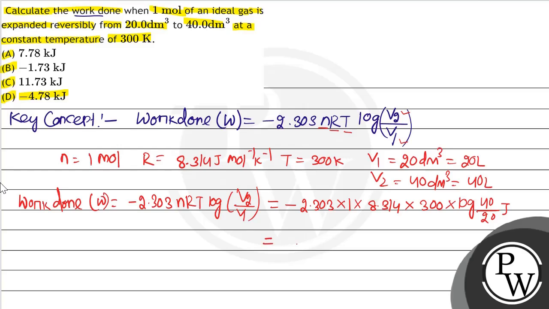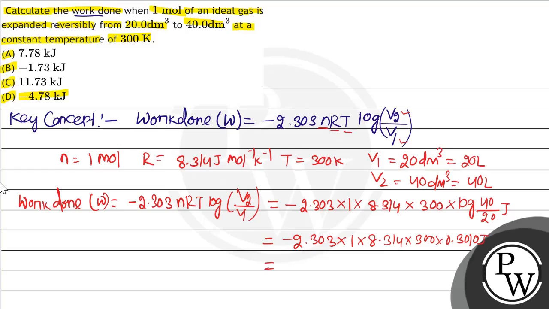Now simplify this equation: minus 2.303 into 1 into 8.314 into 300 into log 40 by 20, which is log 2, and log 2's value is 0.3010.